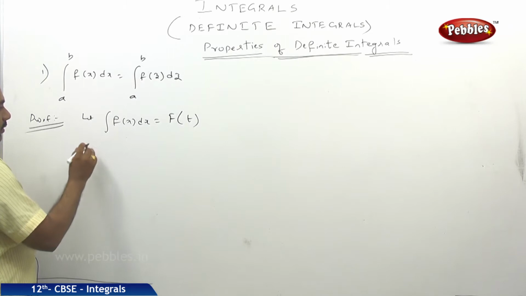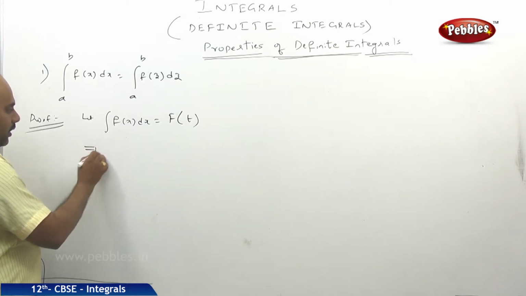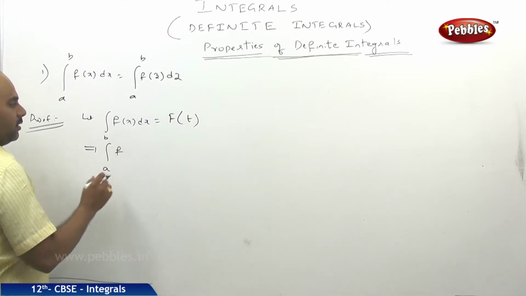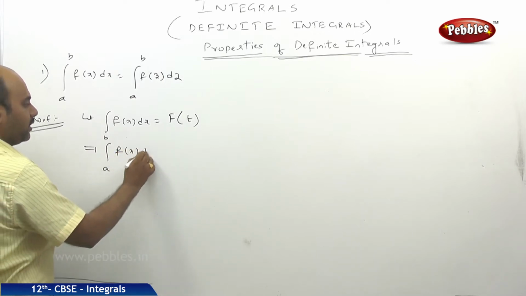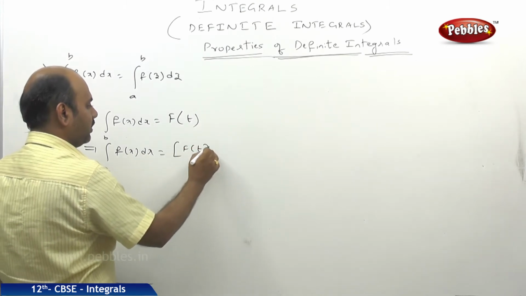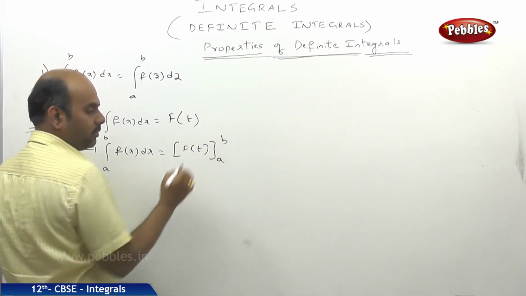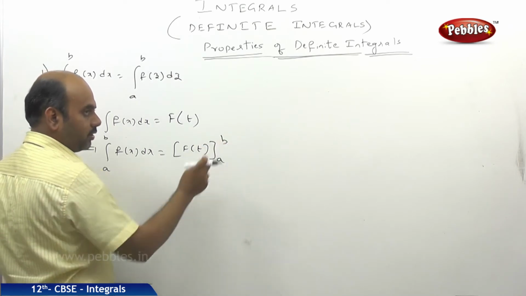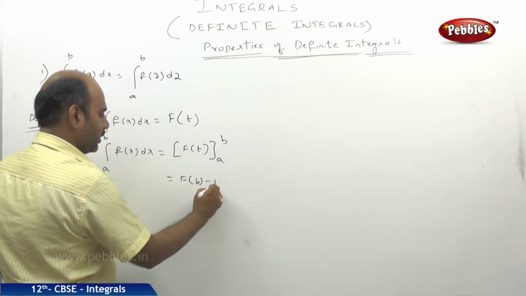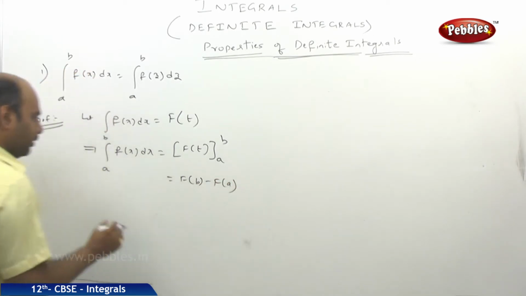Now if I apply the limits, integral a to b f of x dx, what is the meaning? Here f of t from the limits a to b. Now in this function I need to substitute upper limit as well as lower limit. So we'll be getting f of b minus f of a.